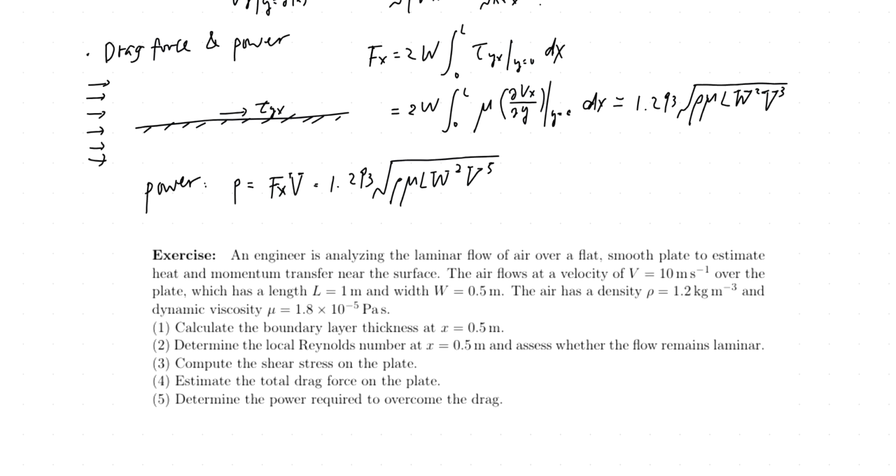You can calculate the boundary layer thickness at any position. Here you're looking at a particular given position. And you can find the Reynolds number, the shear stress, the drag force, and the total power. So this is the problem.